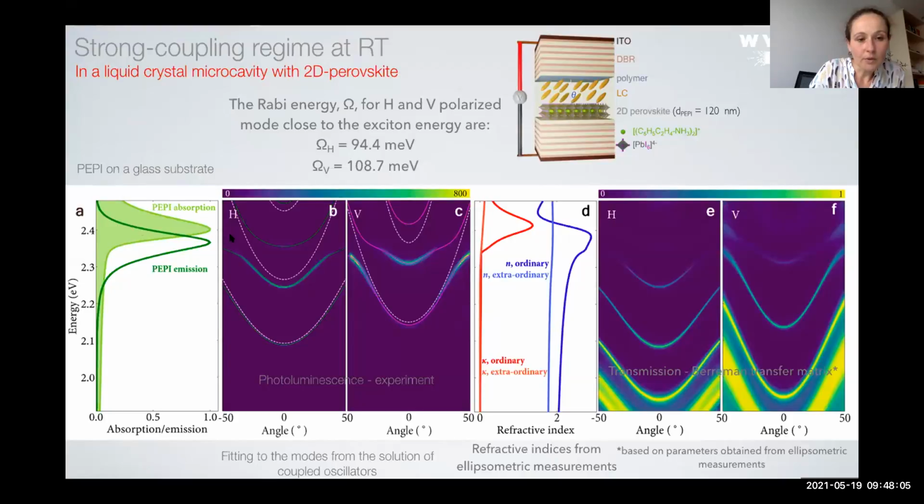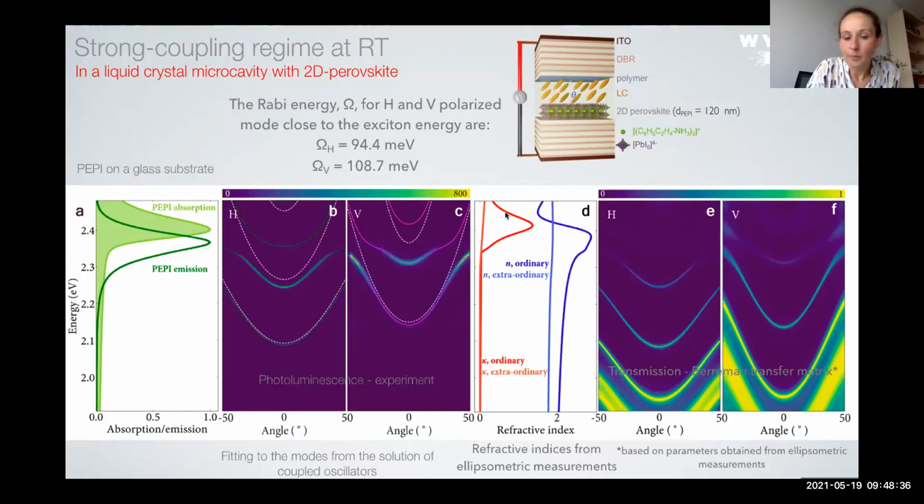This is the photoluminescence experiment, and to resolve the modes better, the left panel is resolved in horizontal polarization and the right panel in vertical polarization. You see the nice anti-crossing, and then you can fit the coupled oscillator model and find the Rabi energy for both the horizontally and vertically polarized modes, how they couple.